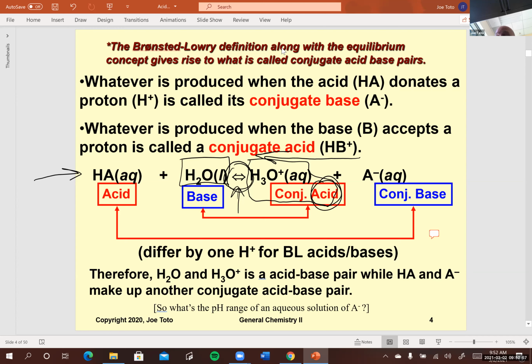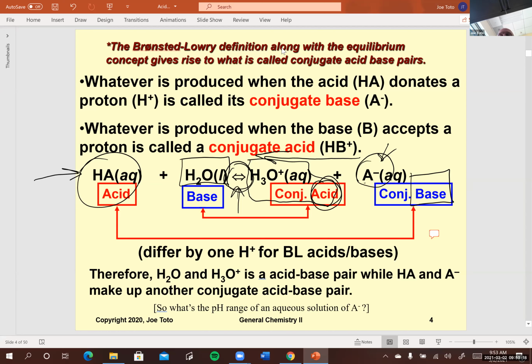And conversely, A minus here is one of the products that if it back reacts to form reactants, it's going to accept a proton and form the HA. So it accepts a proton. According to Bronsted-Lowry, it's a base.